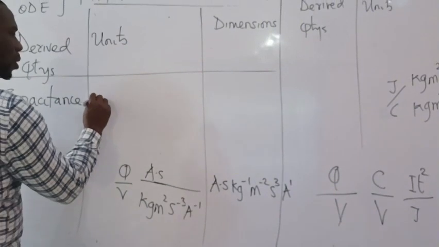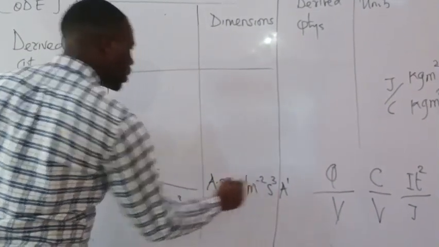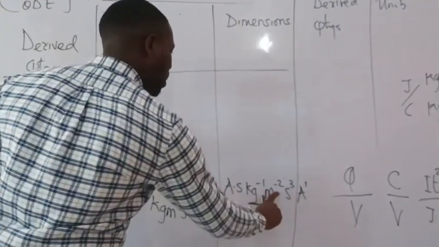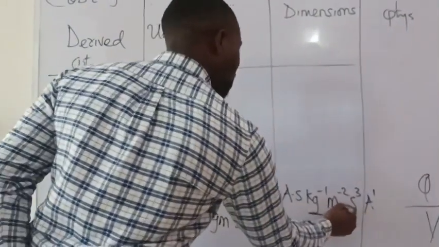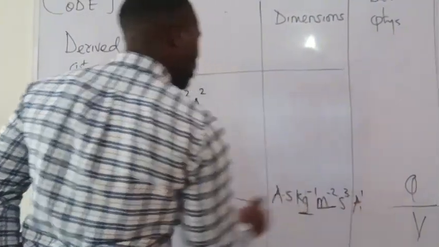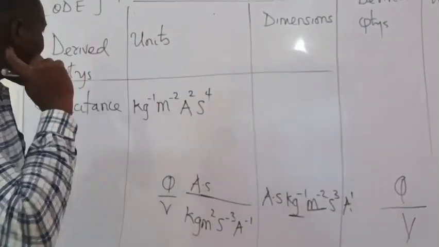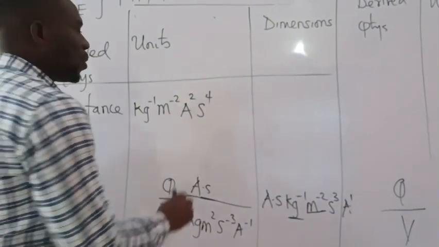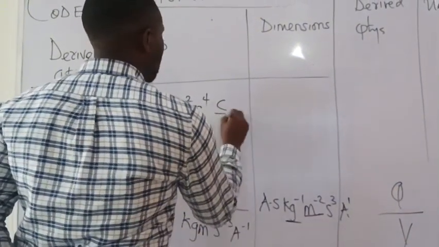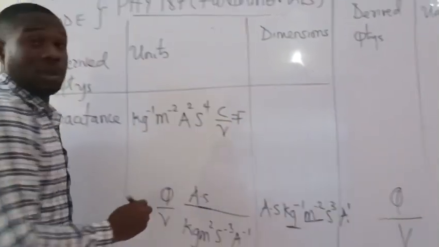So this time becomes per kilogram, then I have per squared meter, I have ampere raised to power 2, then I have second raised to power 4. And of course, this is given by the unit coulomb per volt, and of course we use the unit farad for this.